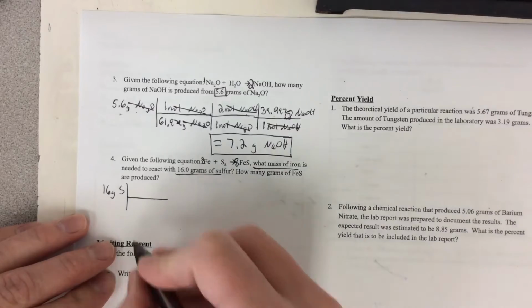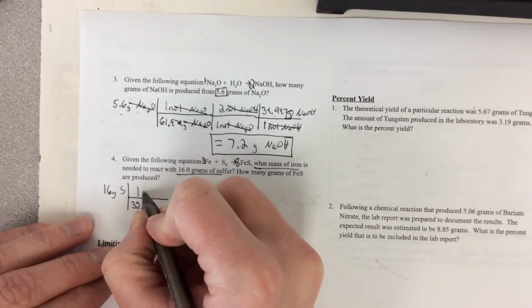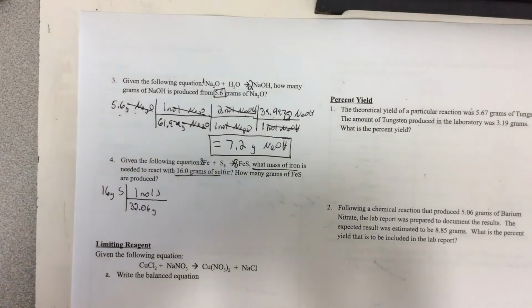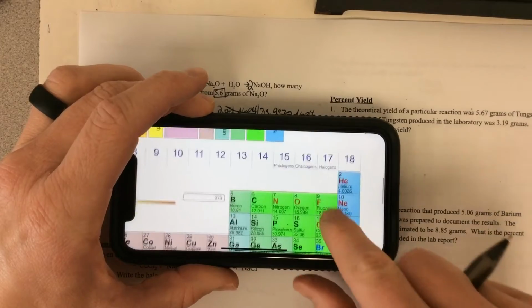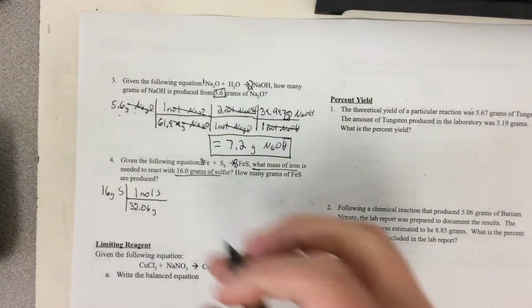We're going to convert the grams to moles, so 32.06 grams for every 1 mole of sulfur. Again, if we're looking at our periodic table, sulfur is right there, 32.06 for 1 mole.